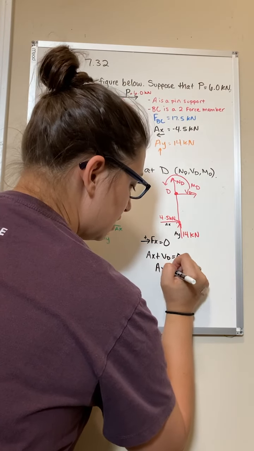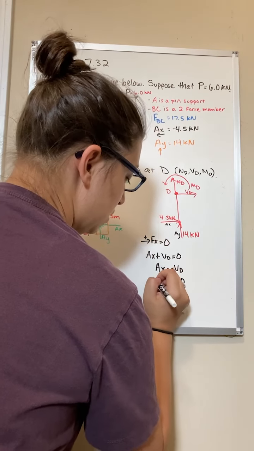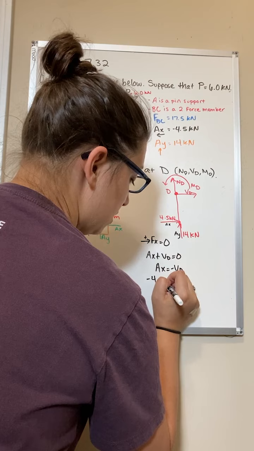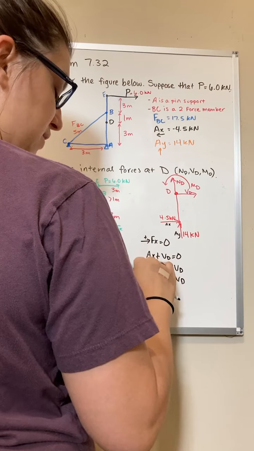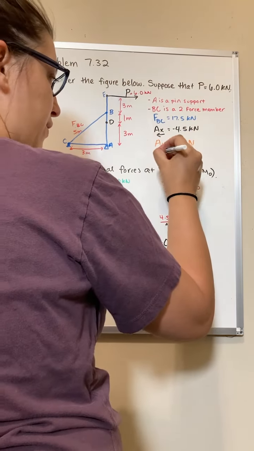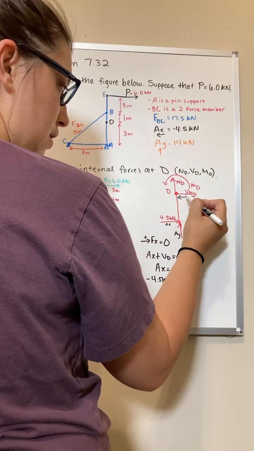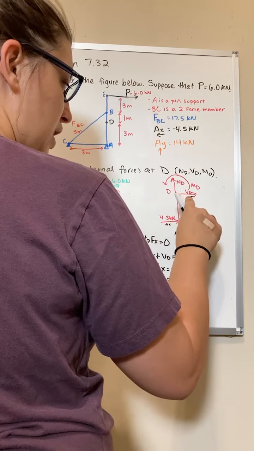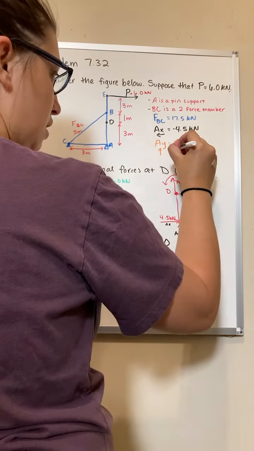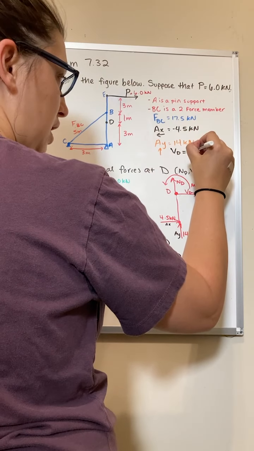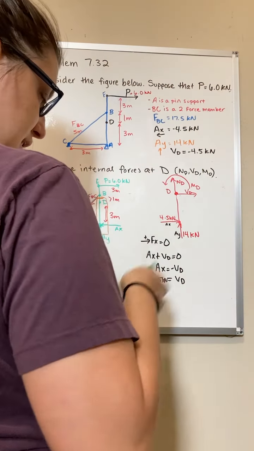So Ax is equal to negative VD, which means that VD is equal to negative 4.5 kilonewtons. So because Ax was 4.5, we put that negative sign on the other side and get negative 4.5 in this direction. So really it's going like this, right? But according to how we have it drawn, and assuming positive, we're going to say that VD is equal to negative 4.5 kilonewtons.